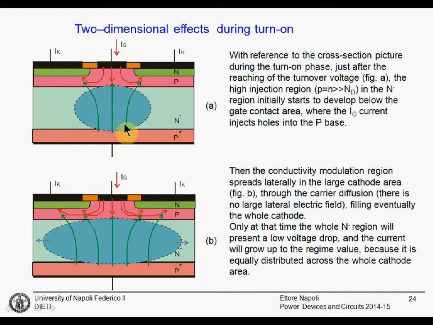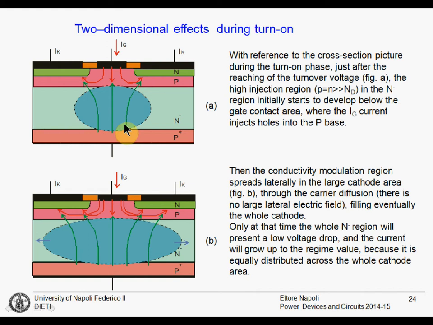This gate current is the base current for this NPN transistor. This base current activates the NPN transistor that provides the base current for the PNP transistor. The PNP transistor is activated also, and we have the injection of a large amount of carriers here.